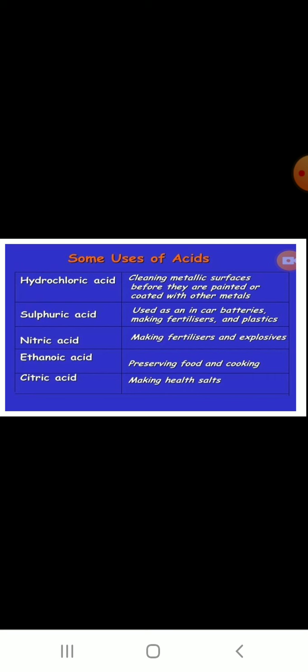Sulfuric acid is used in car batteries. As you know, in car batteries they use H2SO4. It is also used in making fertilizers. In most sulfate fertilizers, such as calcium sulfate, magnesium sulfate and sodium sulfate, the sulfate part is from sulfuric acid.